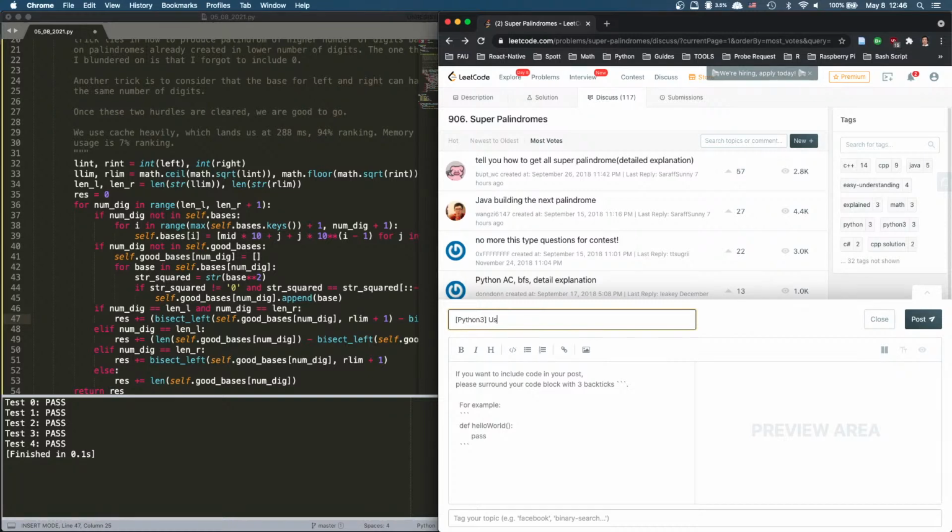When I say use cache, build up a cache to speed up. Build up a cache of good base palindromes.